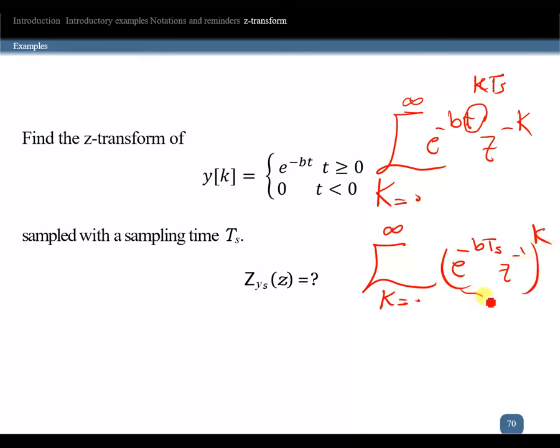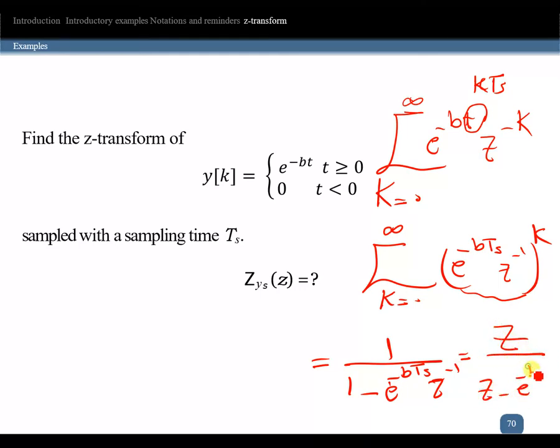And if you remember, this will be lambda. The answer here becomes 1 over 1 minus e^(-bTs) z^-1. Or I can write it as z over z minus e^(-bTs). This is the z transform of this signal.